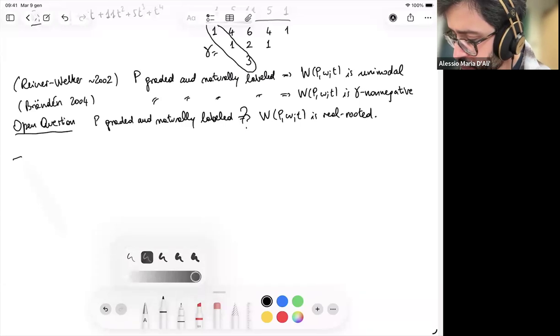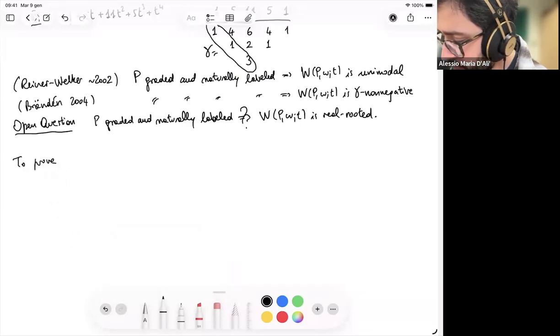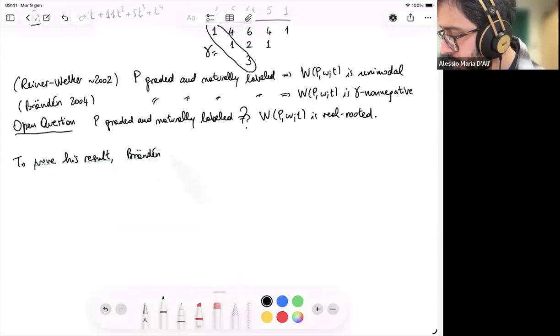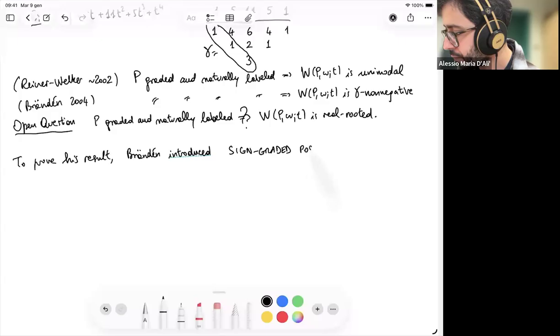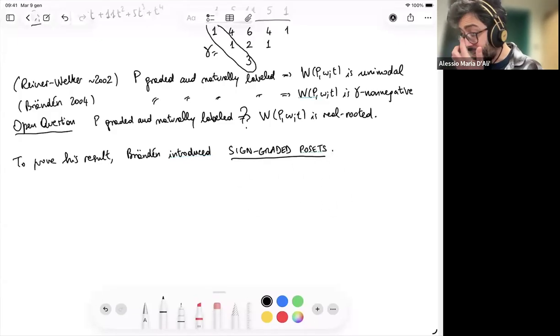So, to prove his result, Petter introduced a new class of posets that are called sign-graded posets. And actually, the statement I gave you before would work for any sign-graded poset, not just for the usual ones.